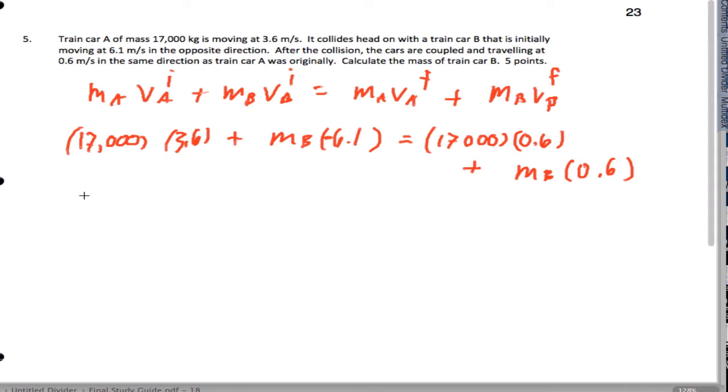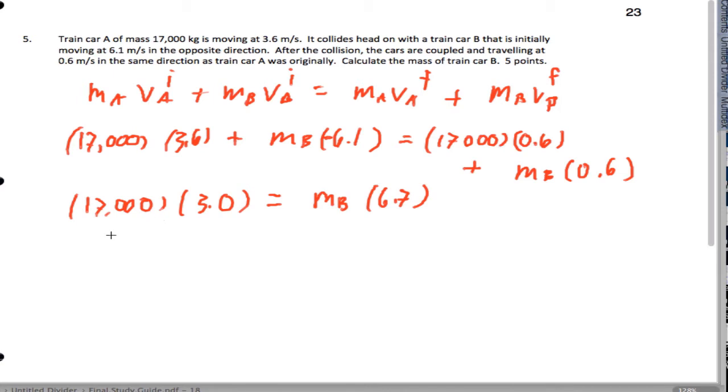So I'm going to do a little bit of algebra here. I'm going to use some distributive property stuff, and I'm sorry if this is hard for you to follow, but I like Algebra 1. It's easy for me to follow. So when I bring this to the other side, I'm going to end up getting 17,000 times 3.0 equals MB times 6.7.